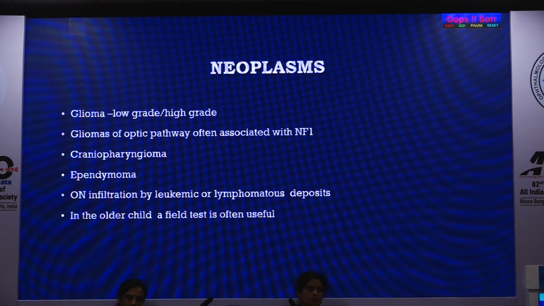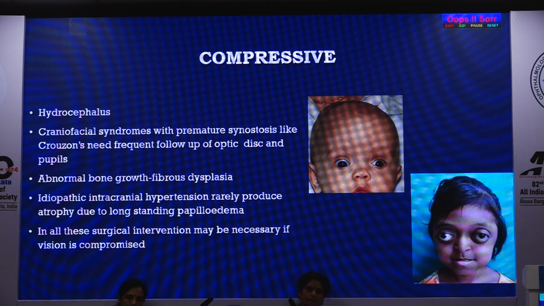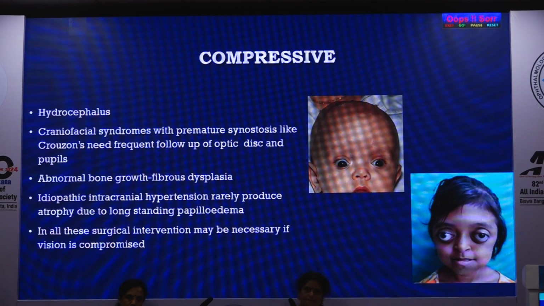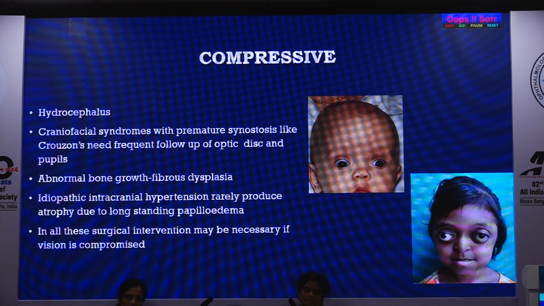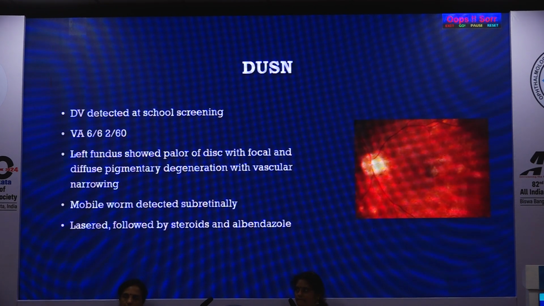And these are some of the tumors of childhood. Compressive lesions are also not uncommon. You have to follow up these patients for any compression and optic nerve dysfunction, and surgical intervention may be necessary.